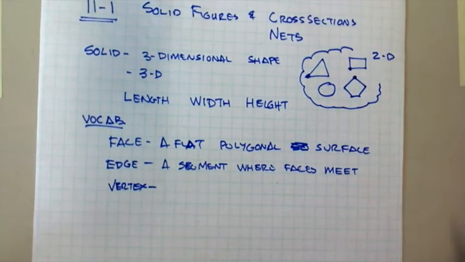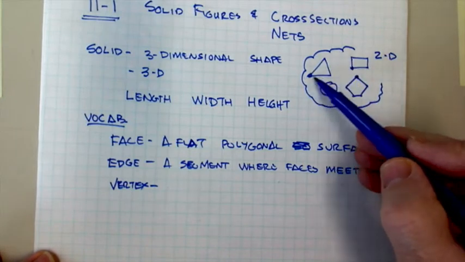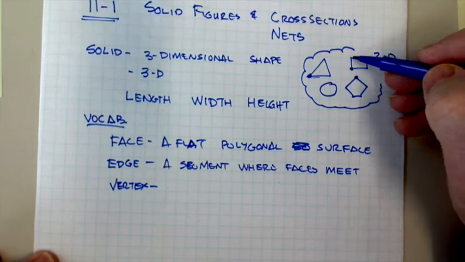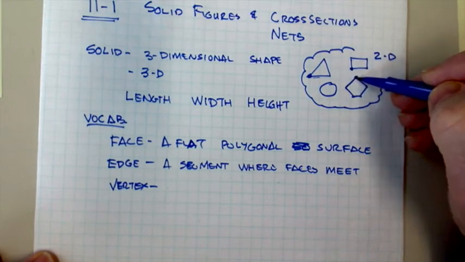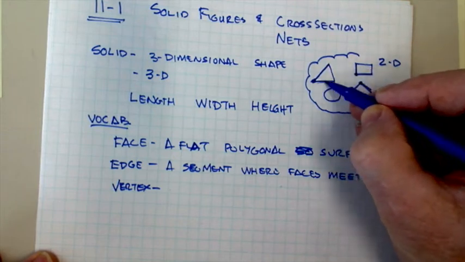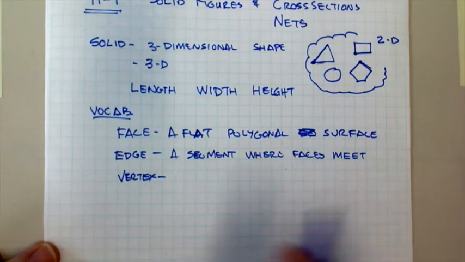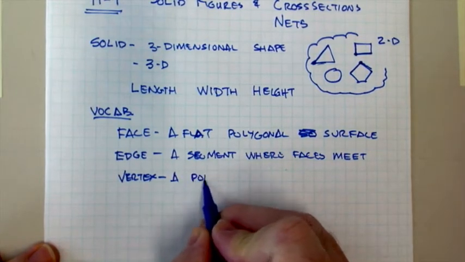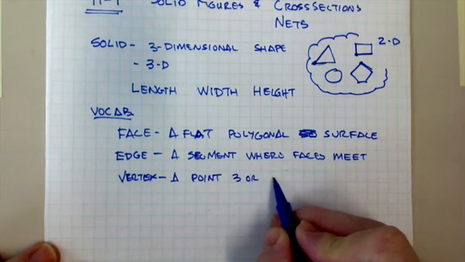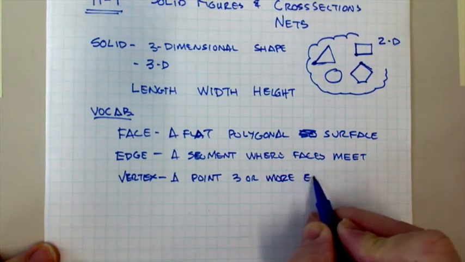When we talked about it in 2 dimensions, it was where two edges of these shapes met. When we talk about it in 3 dimensions, it's also going to be a point, but this is a point where 3 or more edges meet.